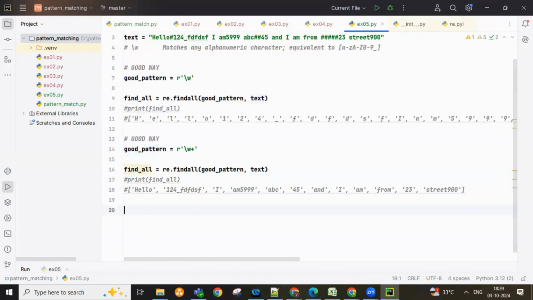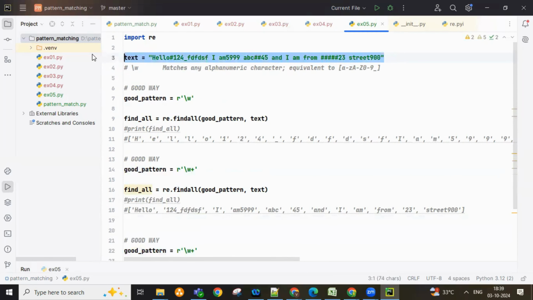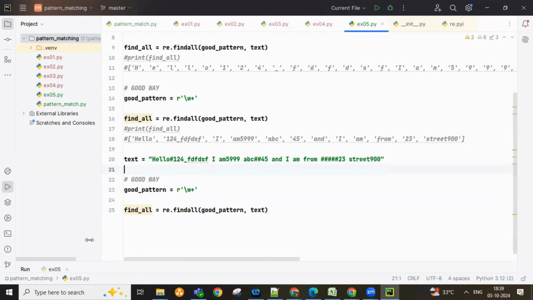Next, this time, I'll just keep it here above so that you can find it quickly. Now, currently it is slash w plus. Now let's say slash w plus space, for example. Let's say it should match with space. Now who can tell me what will be the match?